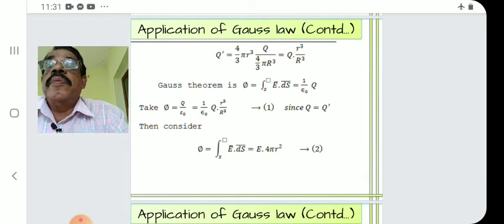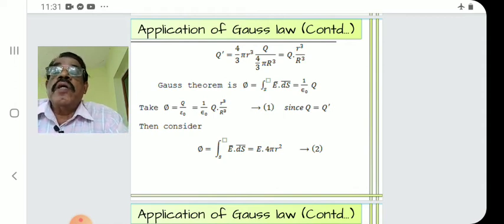That is 4 by 3 pi small r cubed into q by 4 by 3 pi capital R cubed. 4 by 3 pi cancel. We get q dash is q into small r cubed by capital R cubed. You remember, small r is the distance of the point from O, and capital R is the radius of the sphere.